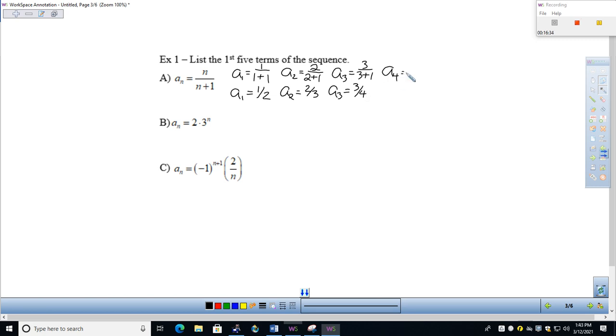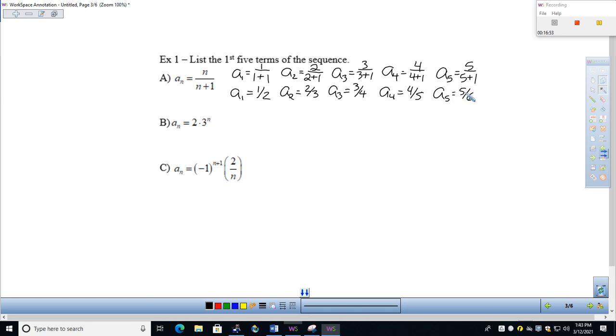A sub 4, 4/5. And lastly, everybody, just first 5 terms. So the value of the 5th term would be a sub 5, and that would be 5 over 5 plus 1. And so you could see this would be 5/6. All right, so the first 5 terms: 1/2, 2/3, 3/4, 4/5, and 5/6.